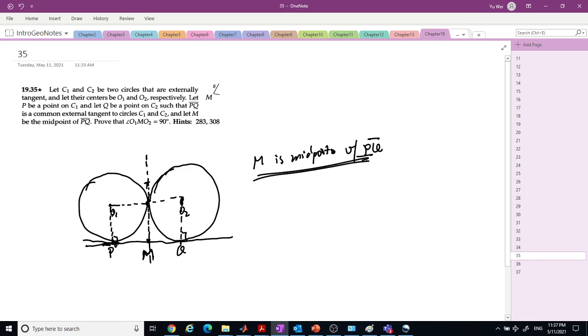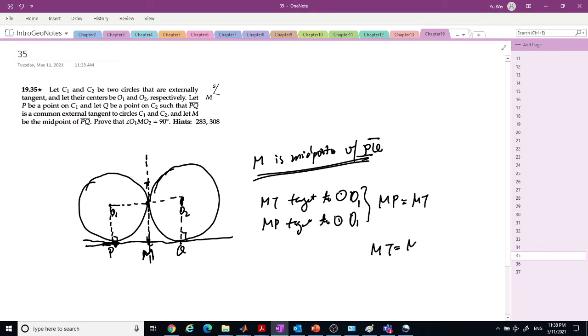So why is this the case? Let's prove it, okay? So you can see MT is tangent to circle 1 and MP is tangent to circle 1, right? So now from the power of a point, you must have MP equals MT. For the same reason, you must have MT equals MQ.